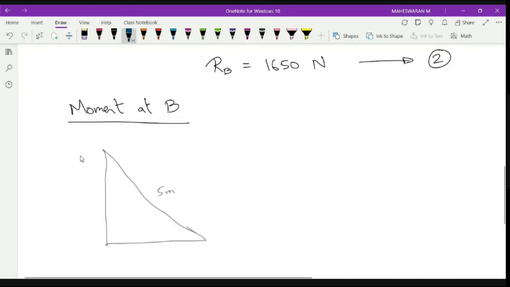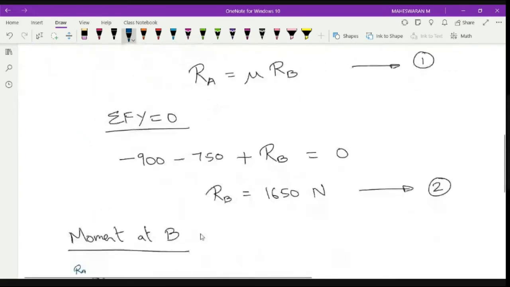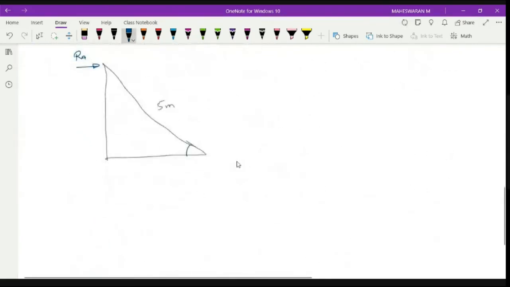So my force is here, which is RA, and the angle is around 70 degree. So I know the hypotenuse. I can identify what is my adjacent side or opposite side. So I'm going to concentrate on the opposite side because I don't want the adjacent side for RA.